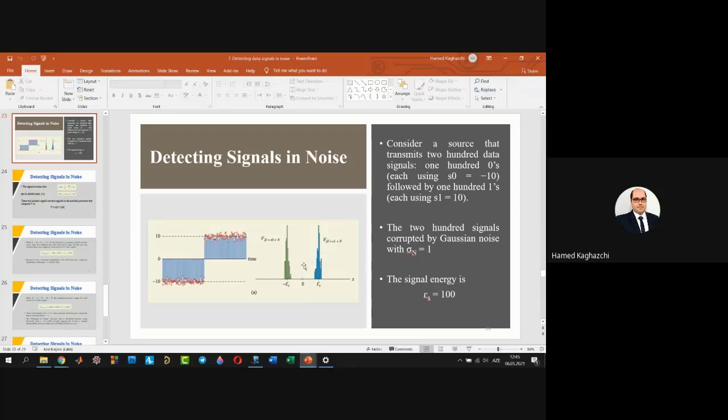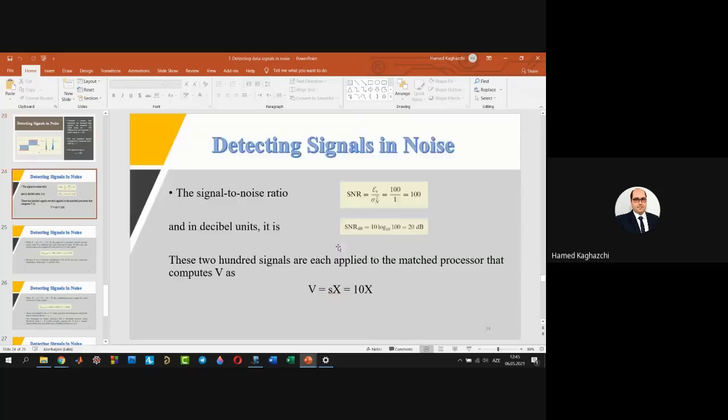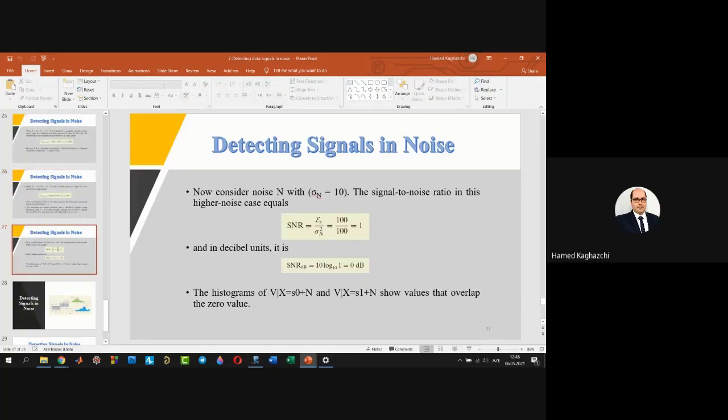If this case happens, it means that my SNR, signal to noise ratio, is high. If sigma of n is equal to 10, look at here what happens. If I calculate the SNR, I can find that the value of SNR will be 1, and in decibel form is 0 decibel.